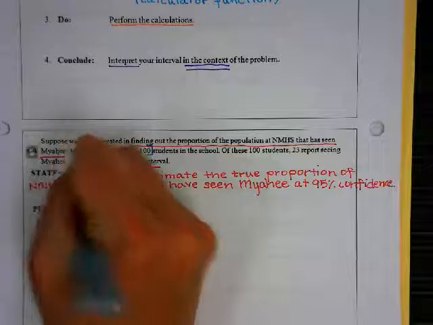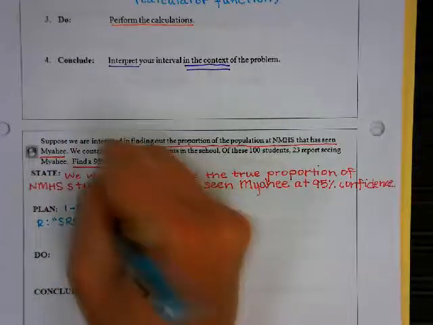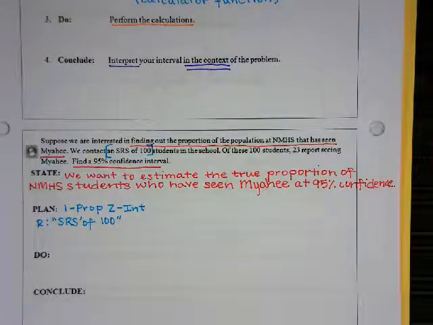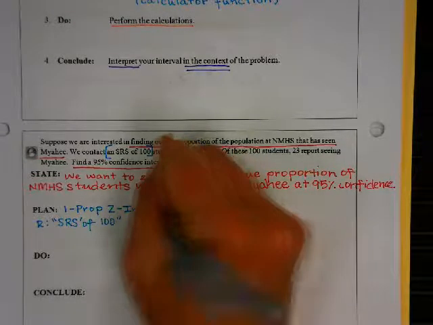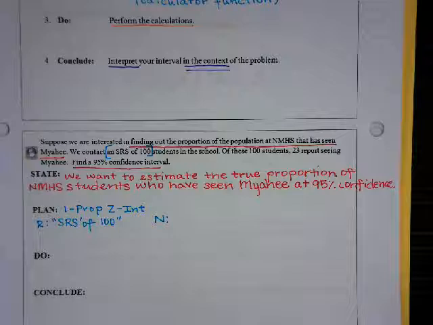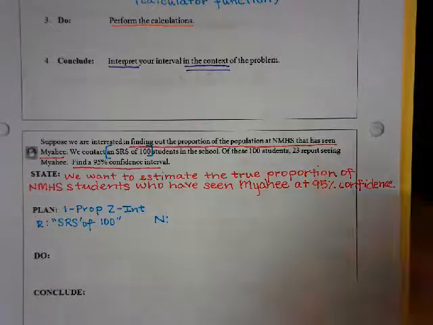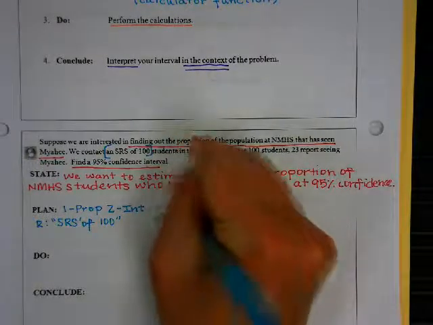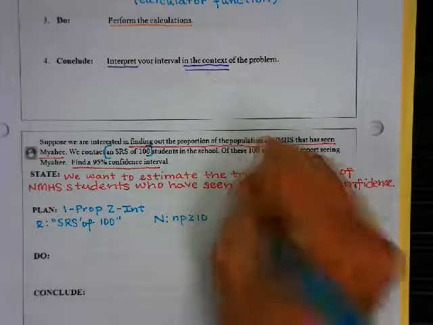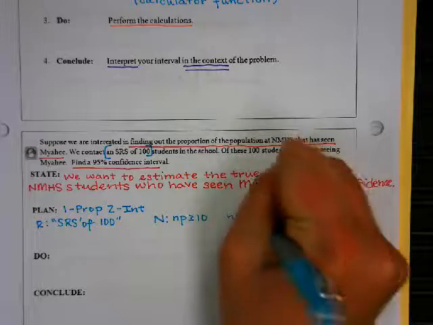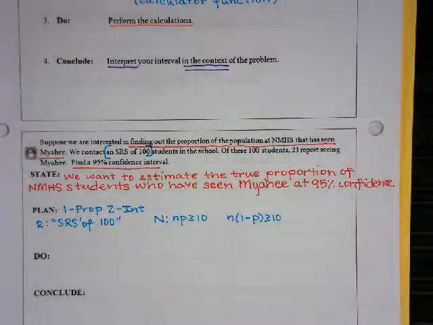Next is normal. We're working with proportions, so what do we check for normal? N times p is greater than or equal to 10, and n times 1 minus p is also greater than or equal to 10.